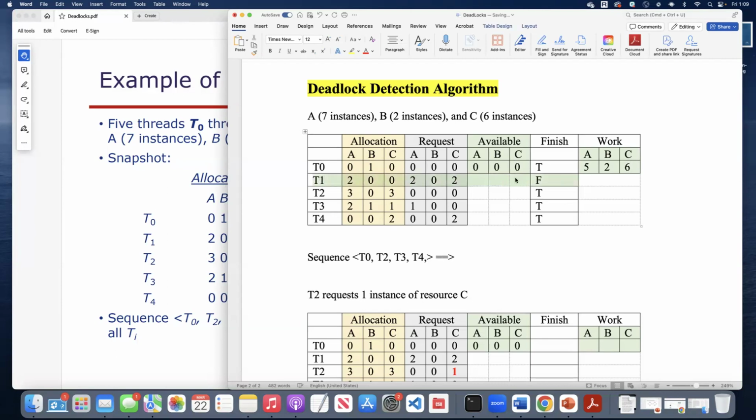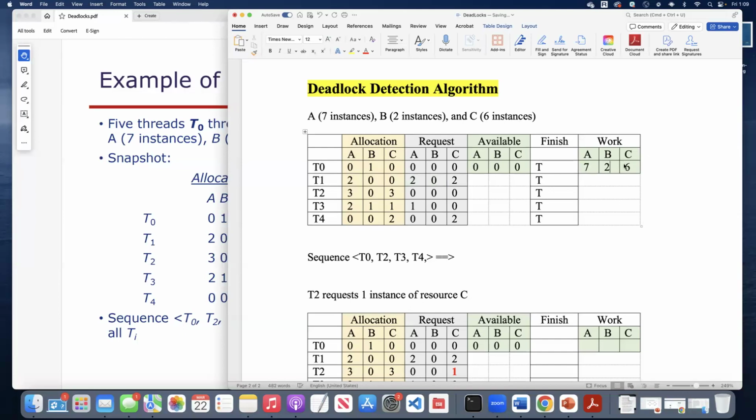T1 is unfinished. T1's request is 2A and 2C. This request is less than work. This can finish, and then we update work. This 2 plus 5, 7.